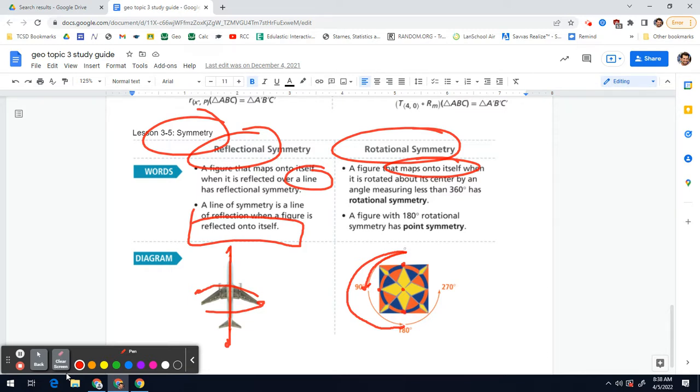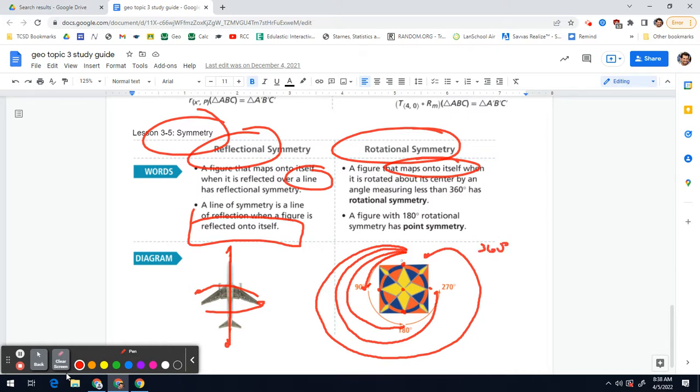That's still rotational symmetry. If we go 270, the tip lands here, so that still is going to rotate onto itself. That's 270 degree rotation. And if you go all the way around back to 360, you become back onto yourself. But that doesn't count. We don't count 360. So this has 3 rotational symmetries, 90, 180, and 270.